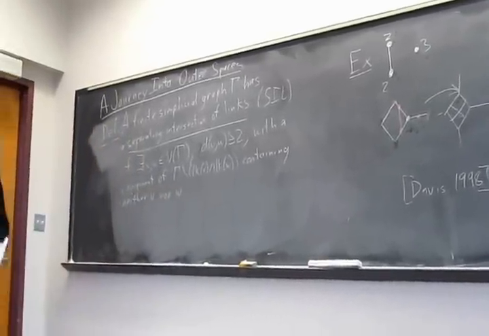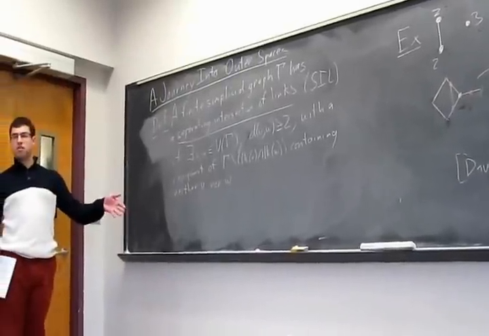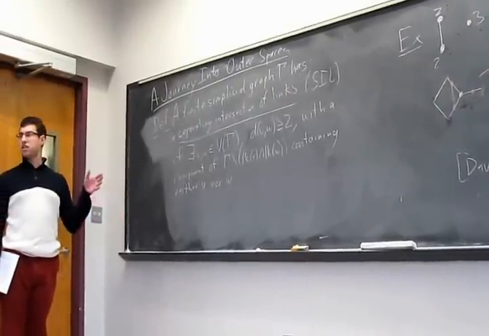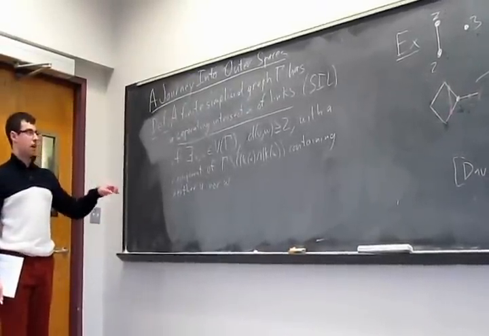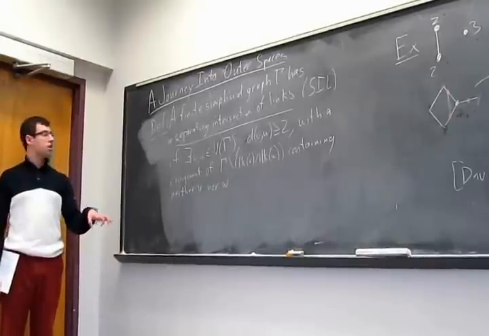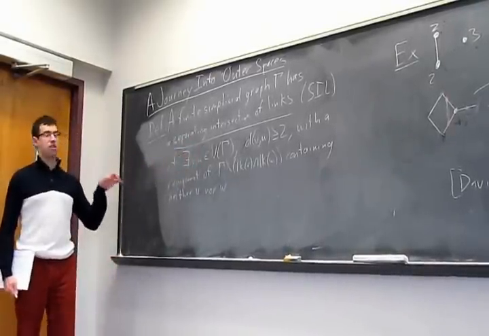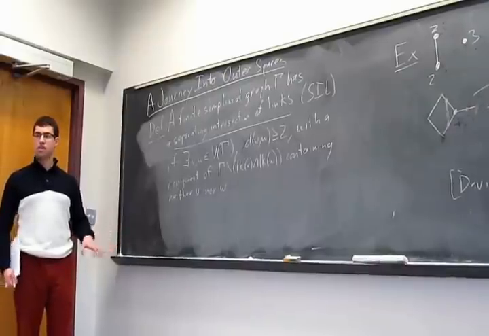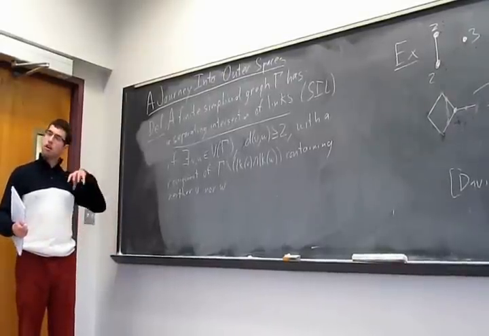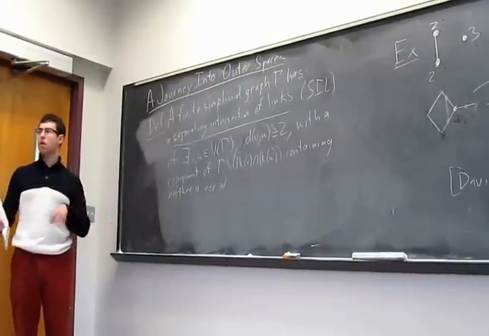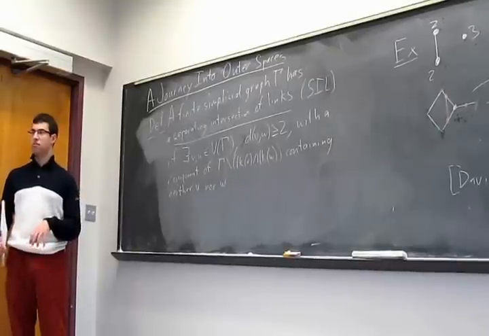Okay, so a finite simplicial graph has a separating intersection of links if we can find a pair of vertices that are non-adjacent, such that the intersection of their links separates the graph, leaving a component that contains neither of our original vertices. Okay?